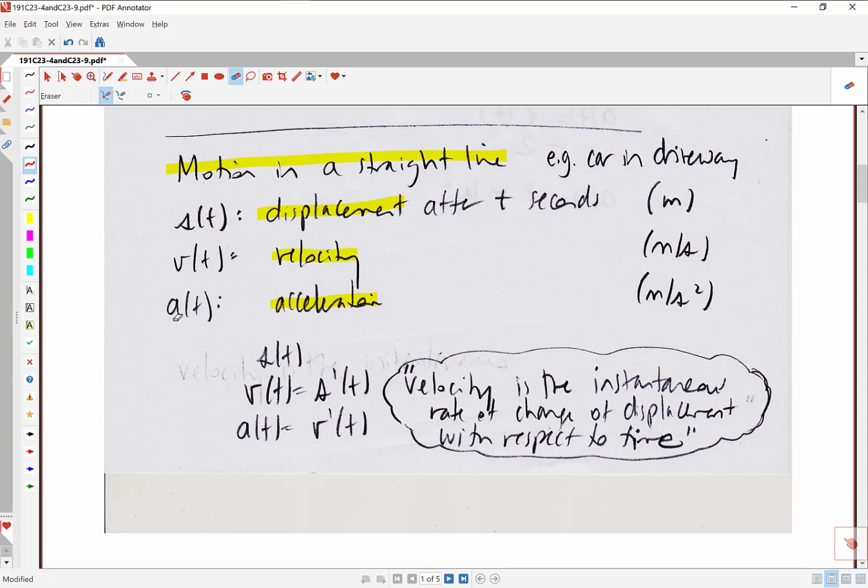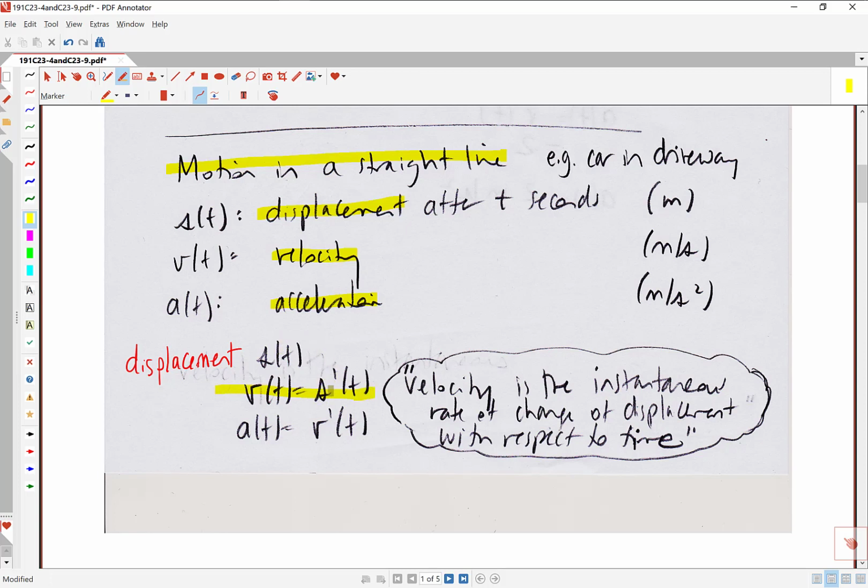And we can actually bring the derivative into this context when we think about how these different functions are related to one another. So imagine someone gives you a displacement function. They say this is the displacement of the car after any given time. If you then wanted to figure out the velocity, you would say, well, velocity is just the derivative of the displacement.